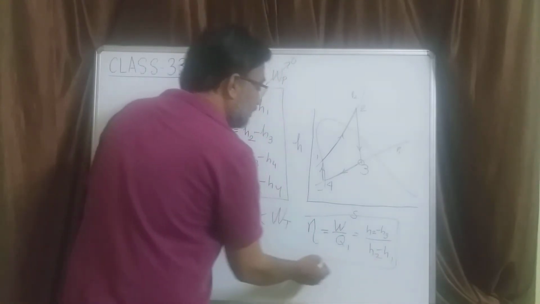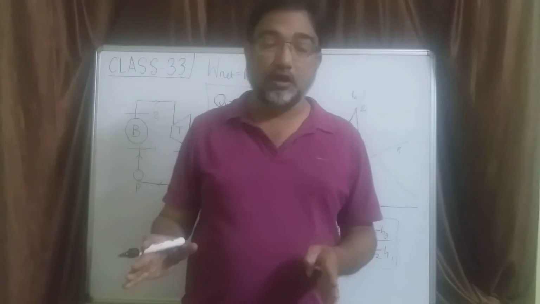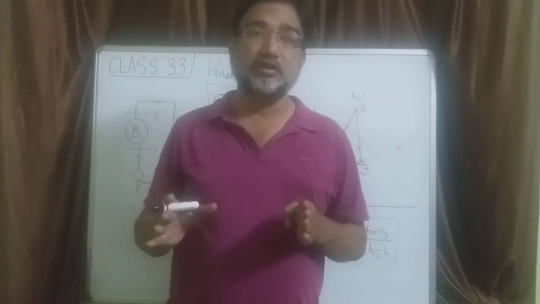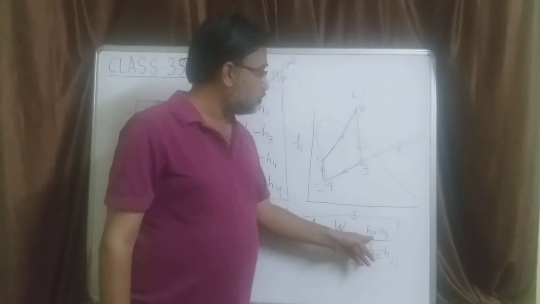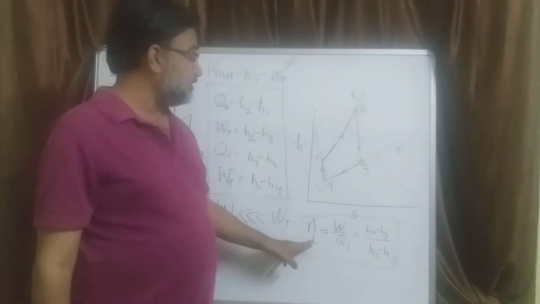Heat input is given in the boiler only. So heat input is H2 minus H1, and work output is H2 minus H3, and pump work is neglected. So in that case efficiency is this.